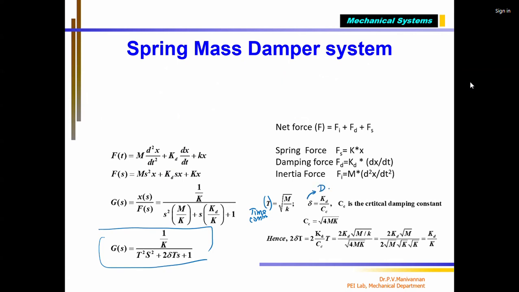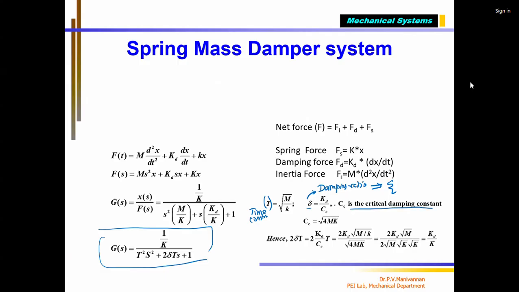Note down: delta is called the damping ratio. In some books it is represented as eta, the Greek letter eta. Some books put delta, which is nothing but kd divided by cc. The cc here is called the critical damping constant.